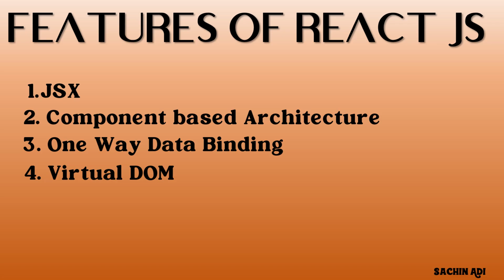Now, we will see how the DOM works. We are talking about the actual DOM, not the virtual DOM. We will see the virtual DOM later. First, understand what the actual DOM is. When a web page is loaded, the browser creates a tree-like model where every part of the document is represented as an object.